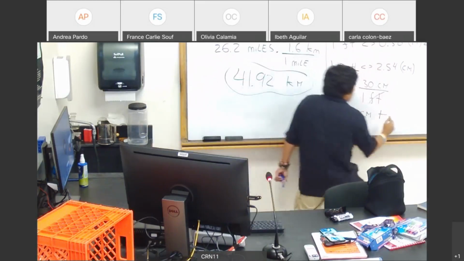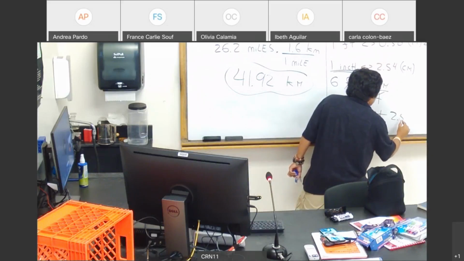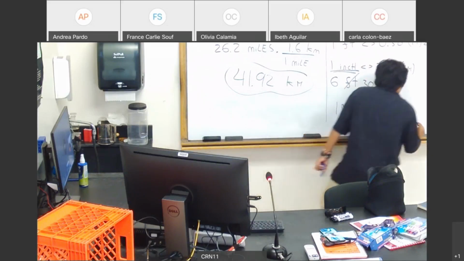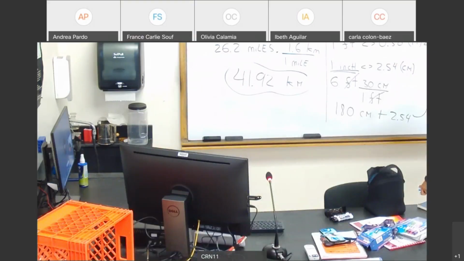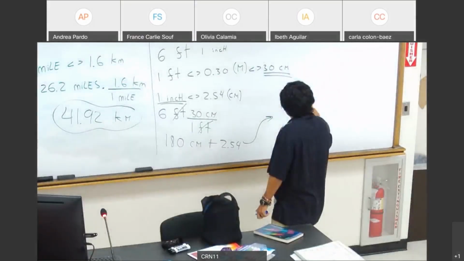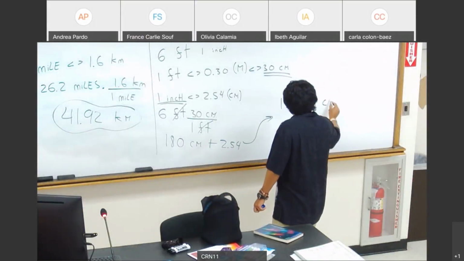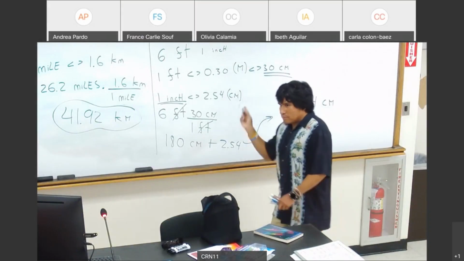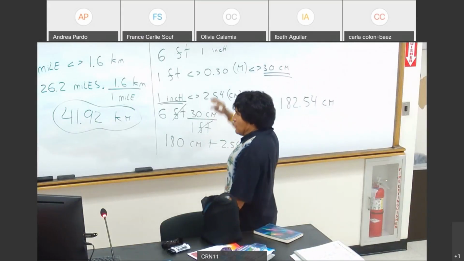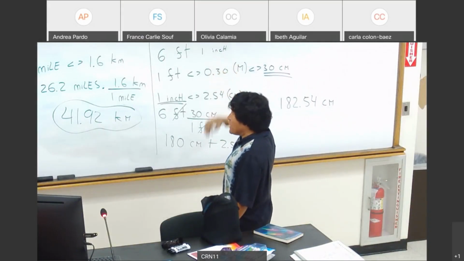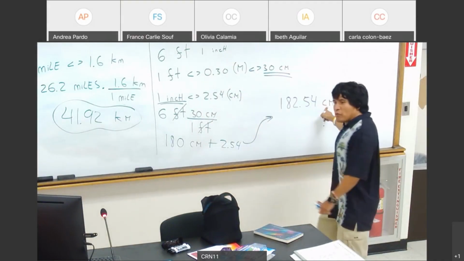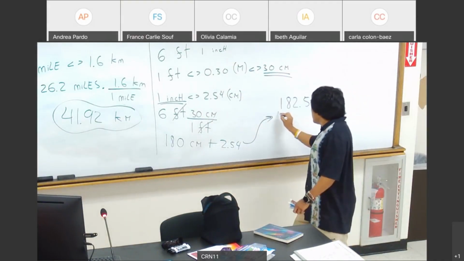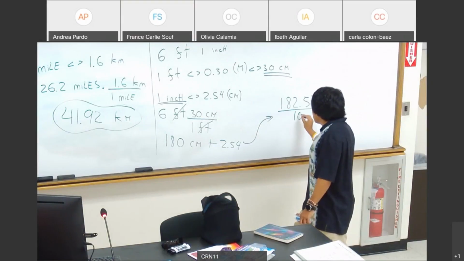Inch is 2.54. So the answer is 182.54 centimeters. Very quickly, right? If you want to go from centimeters to meters, just divide by 100.